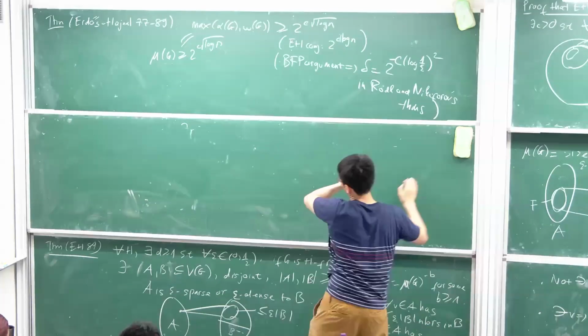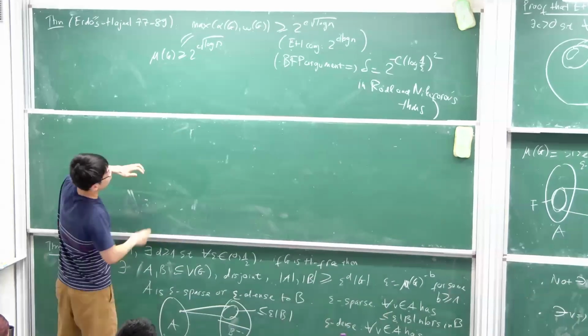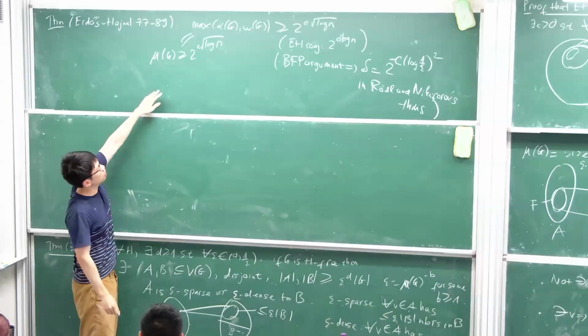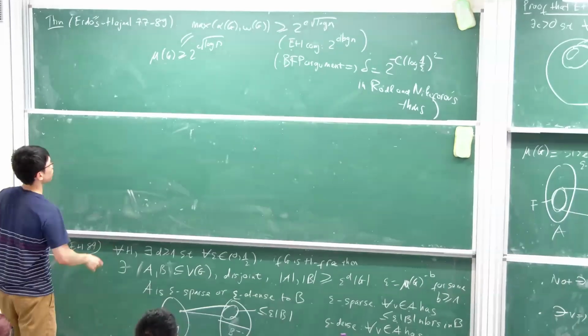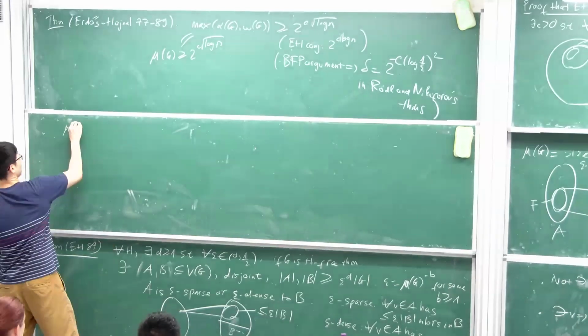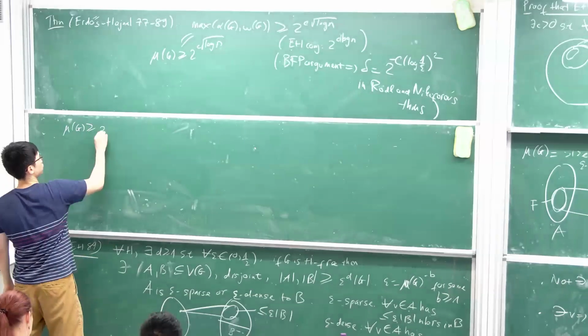All right. So now let's look at this statement again. If we do induction directly in this form, then it is not going to be very convenient. So mu G is at least 2 to the C with log n.